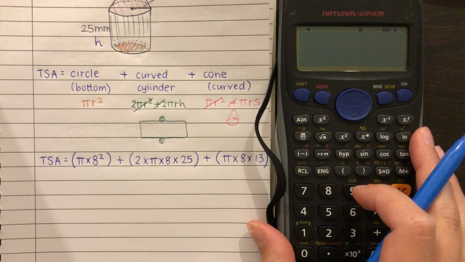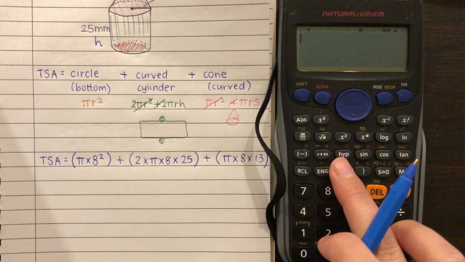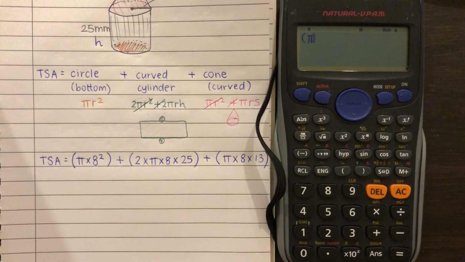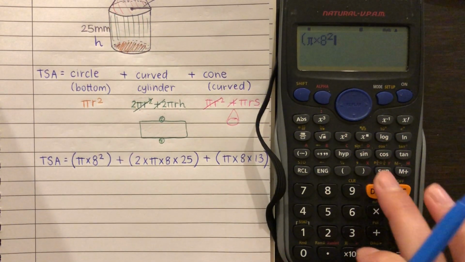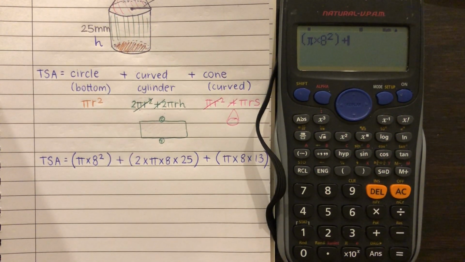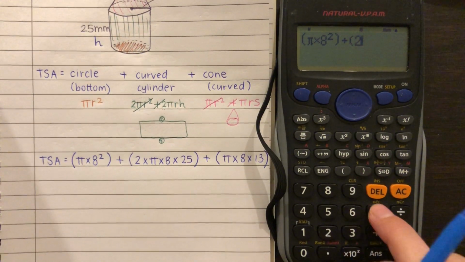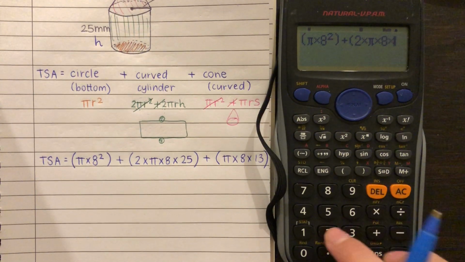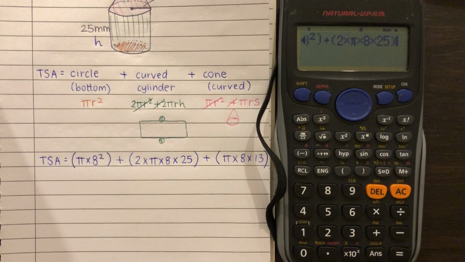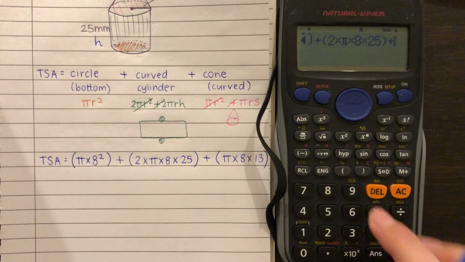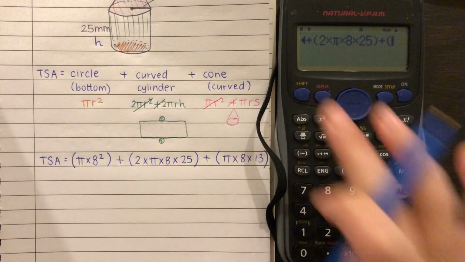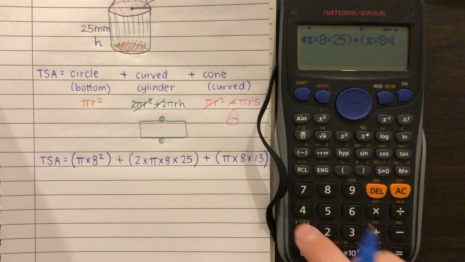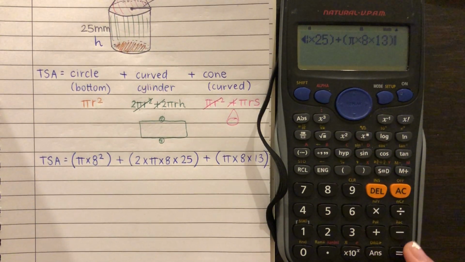So let's put it in exactly how we see it, like I say all the time. Bracket, pi times 8 squared plus 2 times pi times 8 times 25, bracket, plus pi times 8 times 13, bracket.